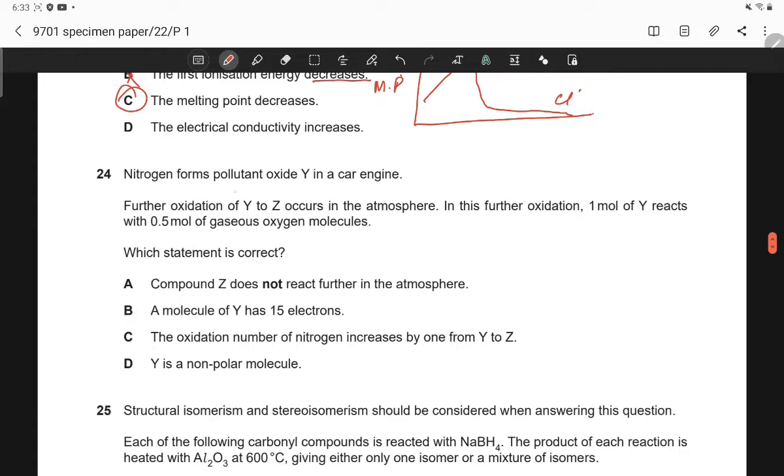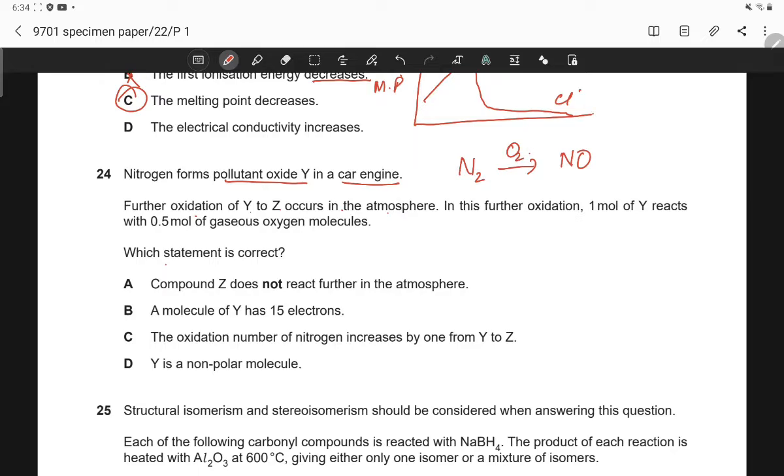Next question: nitrogen forms pollutant oxides Y in car engines. Further oxidation of Y to Z occurs in the atmosphere. In this further oxidation, 1 mole of Y reacts with 0.5 moles of oxygen molecules. Nitrogen in a car engine forms nitrogen monoxide.